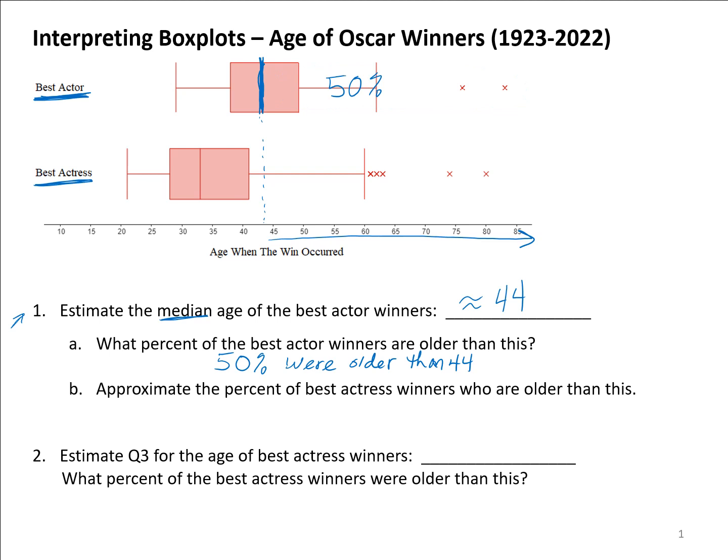One thing I want to mention here before I go any further is that these box plots are a little different. In fact, they're called modified box plots. And that's because you may have noticed these little X's. These X's represent outliers. A box plot can be drawn in one of two ways. It can be drawn in a regular format where you extend your whisker all the way out to the minimum and all the way out to the maximum, regardless of whether the max or the min is an outlier. And if I were doing that here, I would actually take the whisker all the way out to this last value.